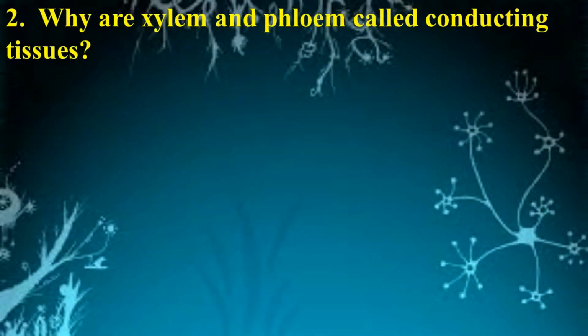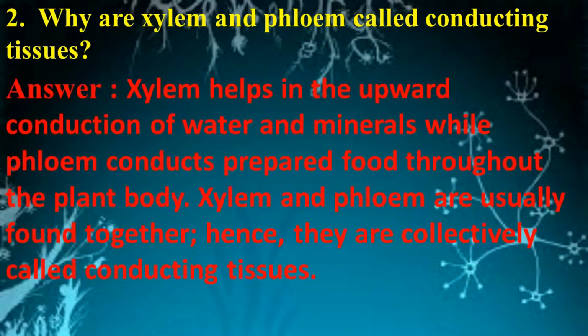Why are xylem and phloem called conducting tissues? The answer is: xylem helps in the upward conduction of water and minerals, while phloem conducts prepared food throughout the plant body. Xylem and phloem are usually found together, hence they are collectively called conducting tissues.